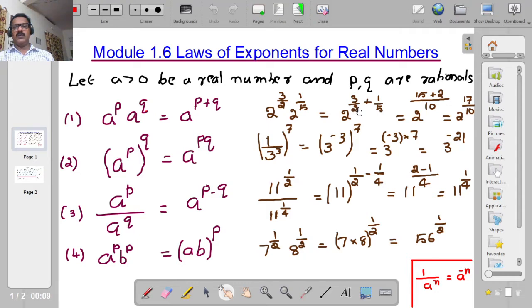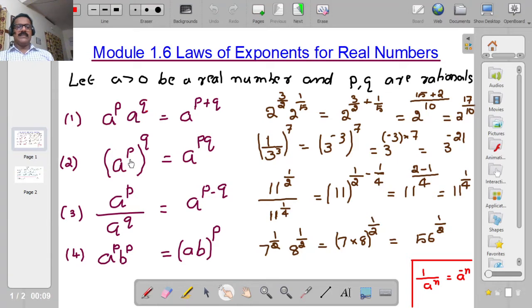The LCM of 2 and 5 is 10. So 3 over 2 is equal to 15 over 10 and 1 over 5 is equal to 2 over 10. So 15 and 2 are added, resulting in 17. So the net result is 2 raised to 17 over 10.